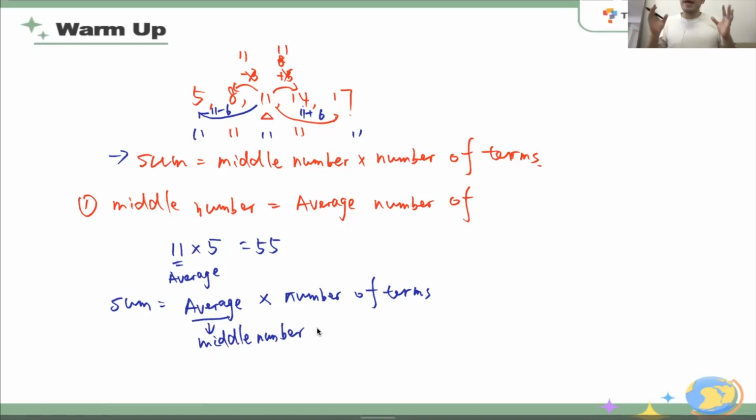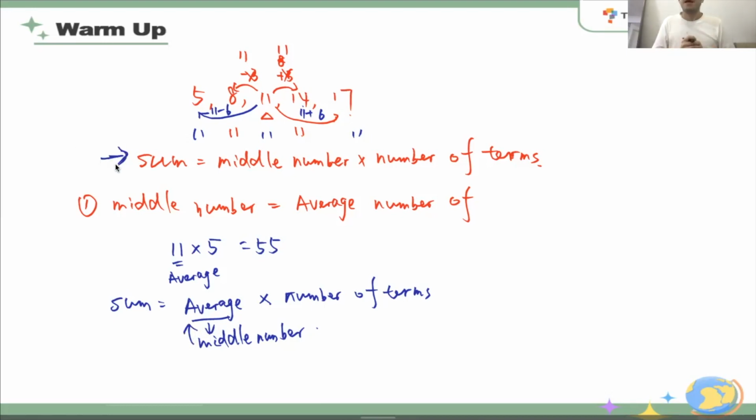The reason we have this method is the middle number is the average number. And if we want to work out the sum, we need to use the average number times the number of terms. And the middle number is the average number, so we can use the middle number to replace the average number. So we have this formula.